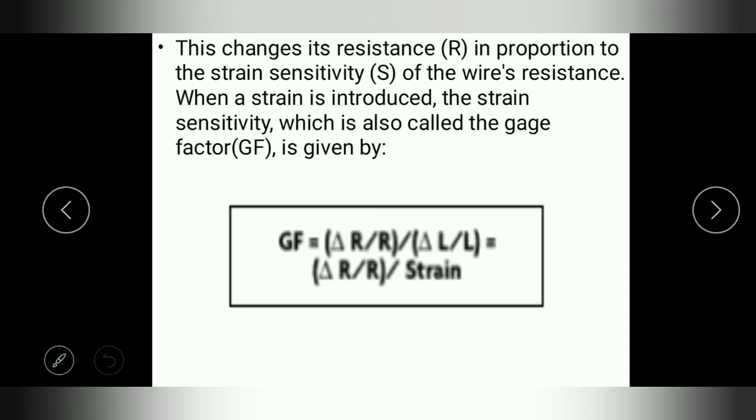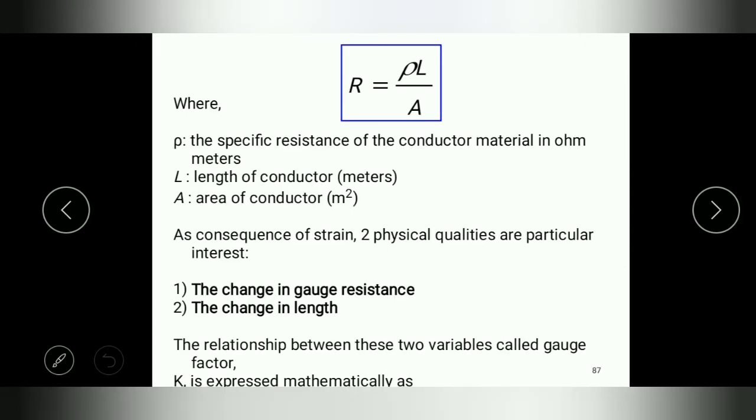When strain is introduced, the strain sensitivity, also called the gauge factor, is given by the formula: delta R by R, that is, change in resistance divided by original resistance, divided by delta L by L, that is, change in length divided by original length. The gauge factor is equal to delta R by R divided by strain. So from the figure you can see that the change in resistance is directly proportional to the length.